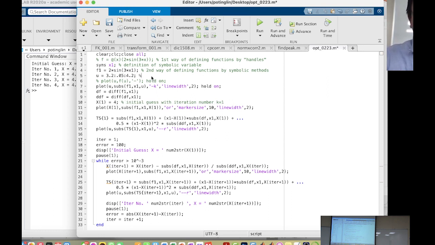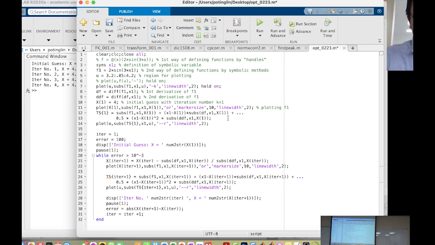This is a region for plotting. This is a first order derivative of f1. This is second derivative of f1. And then this is plotting f1.